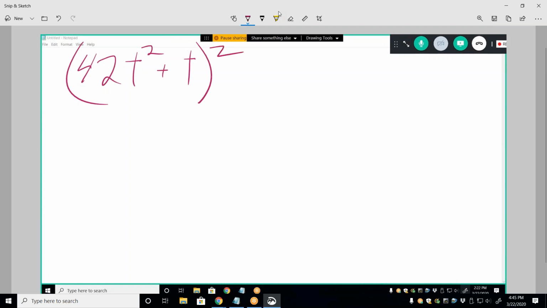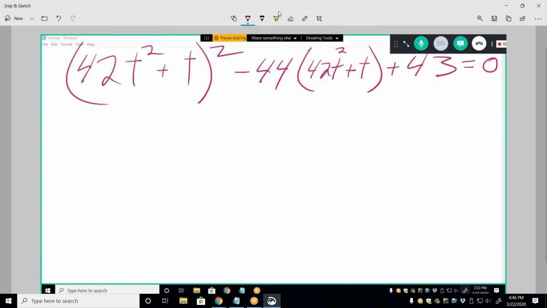So minus 44, and then left paren 42 t squared plus t, right paren plus 43. And that is all equal to 0. It just says solve. What are we looking at? What's this called? It's quadratic.